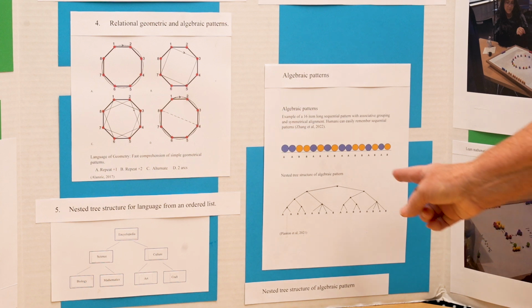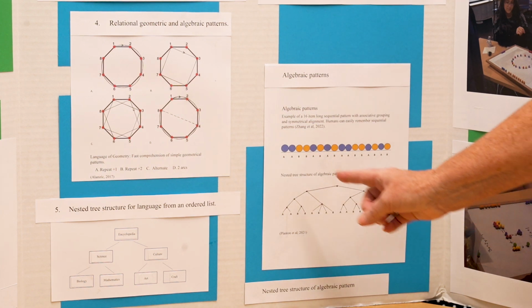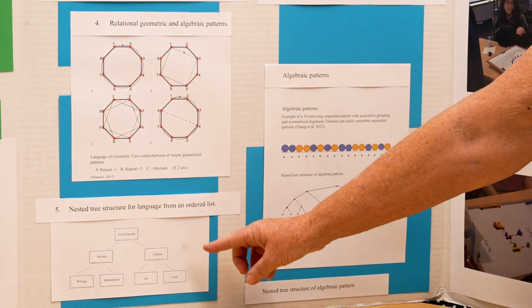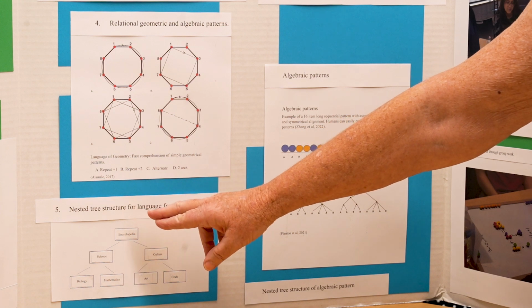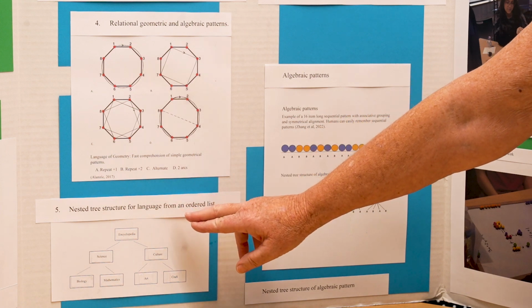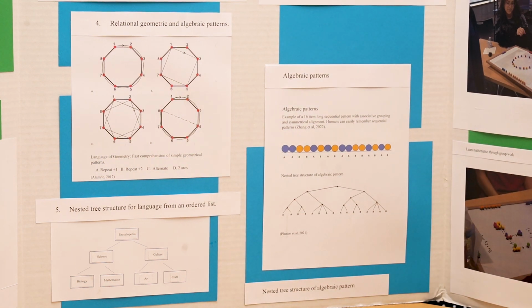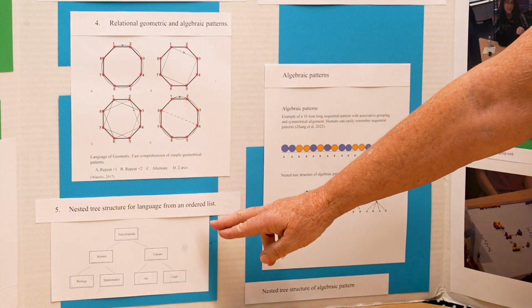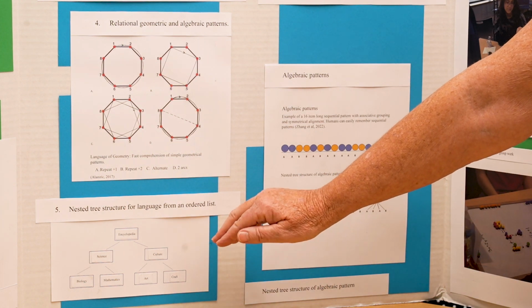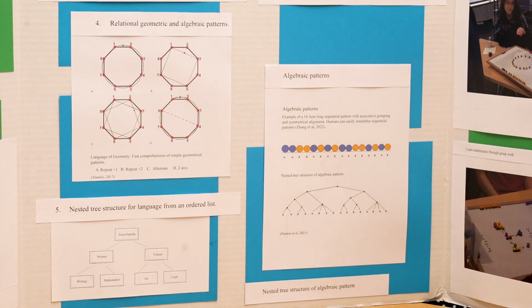From that nested tree patterning, research has shown that we're able to use the nested tree structures for language from an ordered list. So it's the similar patterning, and with the research today within the last 2 years, it's showing that it may well be the origin of language for humans.